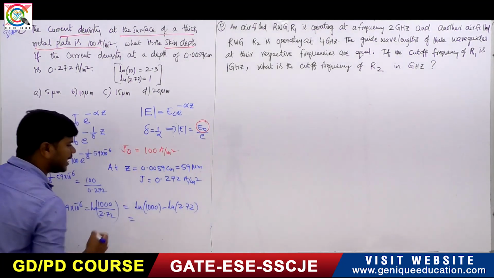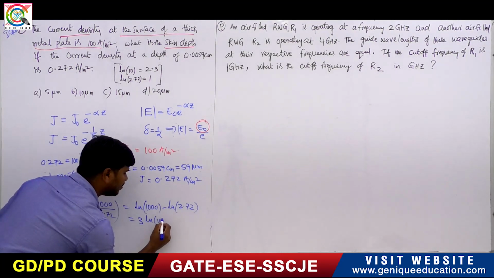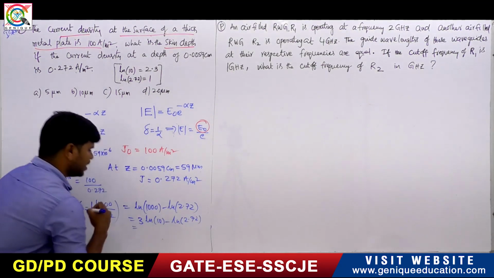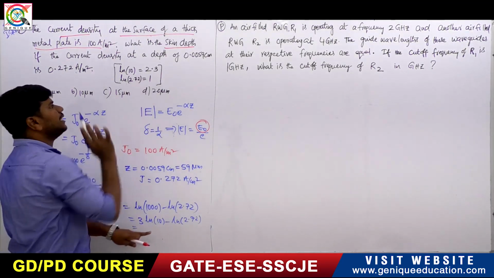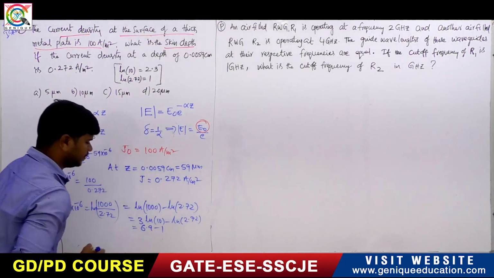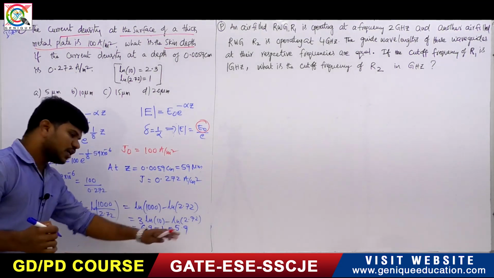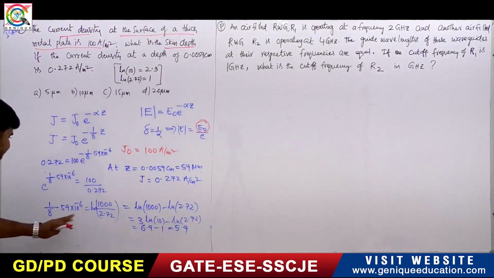So already it is there, it is 10 cube. So it is 3 into ln of 10 minus ln of 2.72. So 3 into ln of 10 is how much? 2.3, so it is 6.9 minus 1. So it is 5.9 is the answer for this. But we have to find the delta.